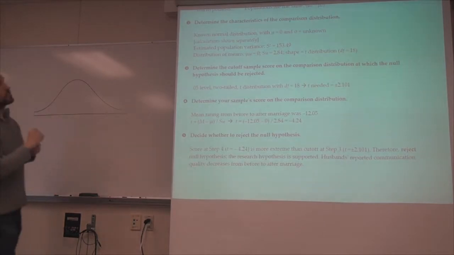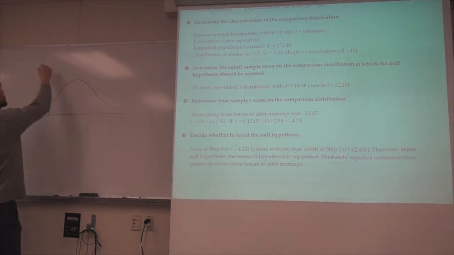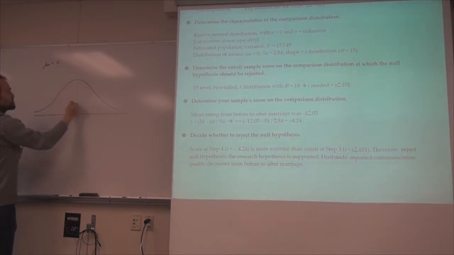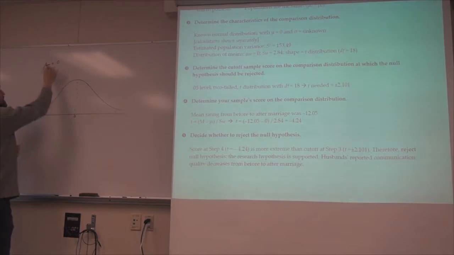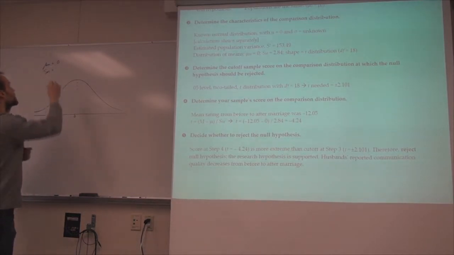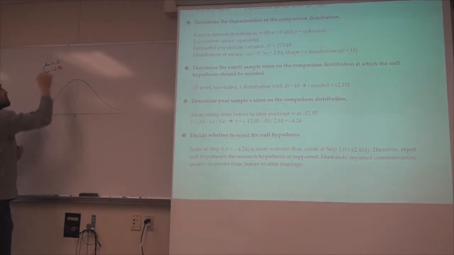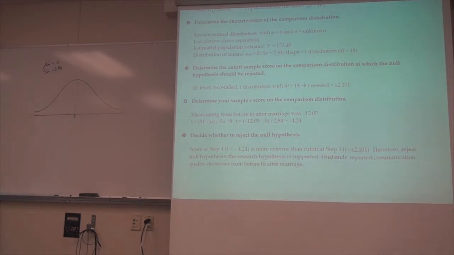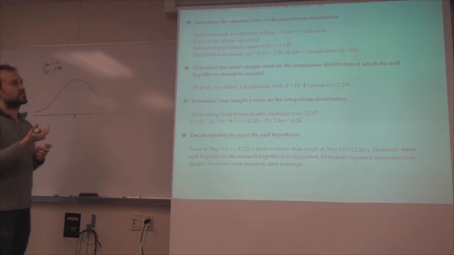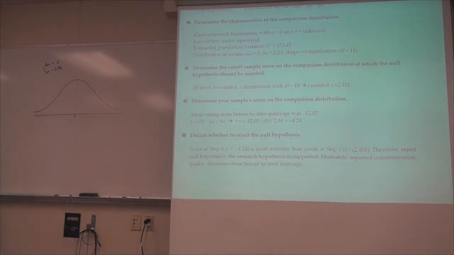So looking at step 2, I have everything here. That's a 0. I have my standard deviation as 2.84. Everything's the same as before. I want you to focus on the similarities. There's really only one thing that's different, which is that I looked at the difference scores. Everything else has been the same so far.